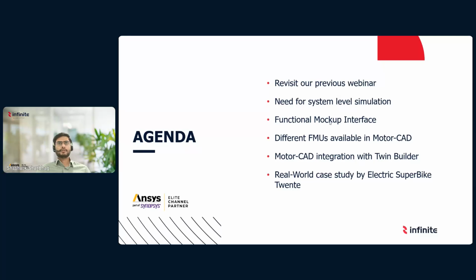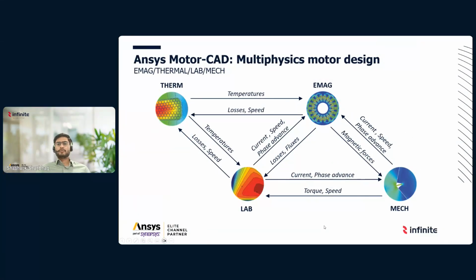Let's get started. You might have seen this previously, but let's go through it again. In the first webinar session, we saw the workflow of Motor-CAD and how to design a machine and how all physics models shown here can be tested together. You don't have to move to different softwares, let's say, to check each of these physics models and physics interactions in the motor.